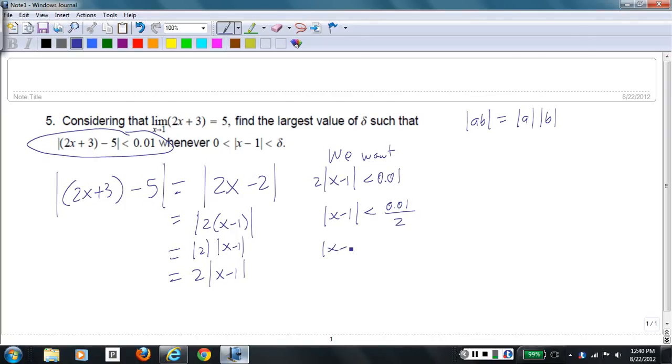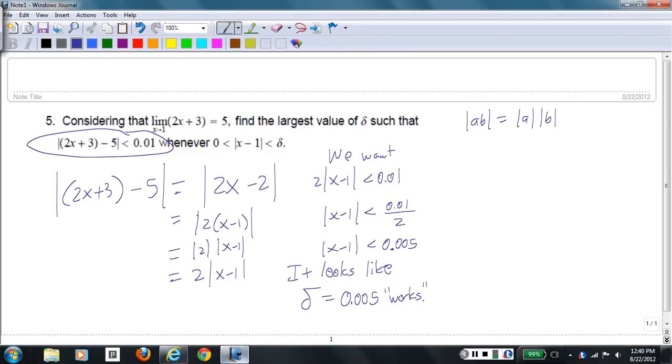So the absolute value of x minus 1 is less than 0.005. Okay, so it looks like delta equals 0.005 works.